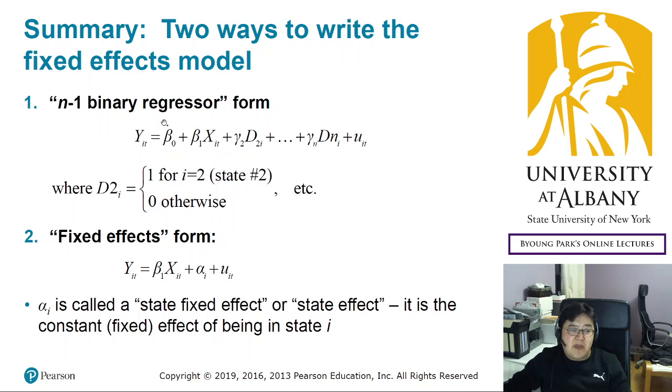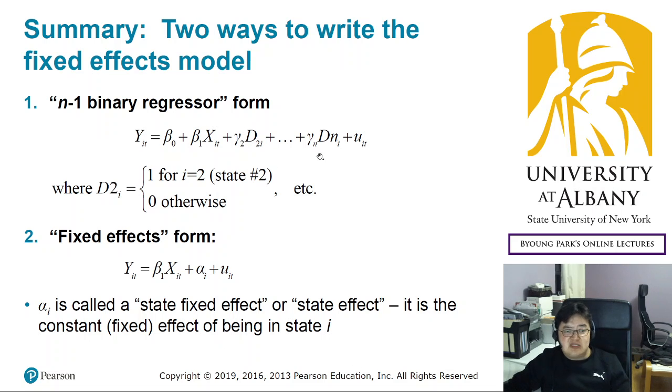Say beta 0 is the intercept and x is the beer tax, and the others are dummy variables. This is maybe a simpler way to imagine if you understand how the dummy variable is defined.